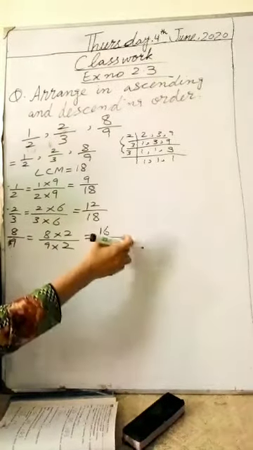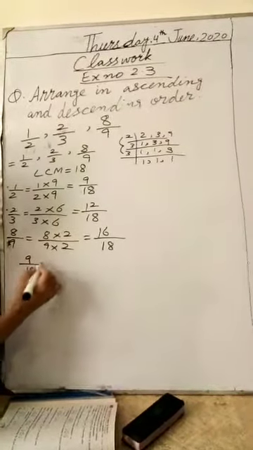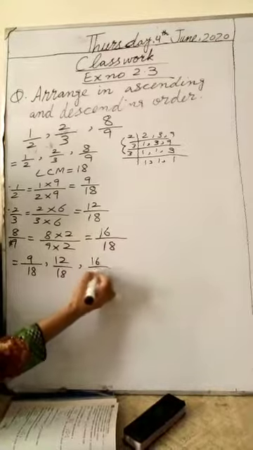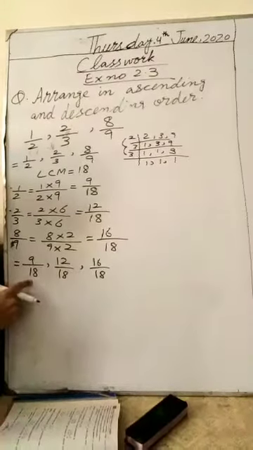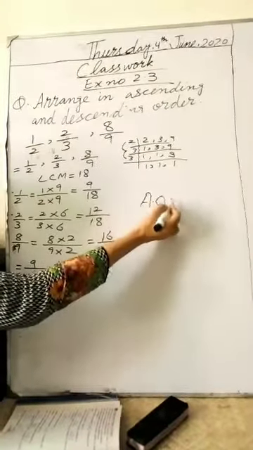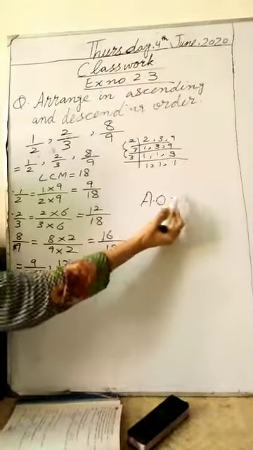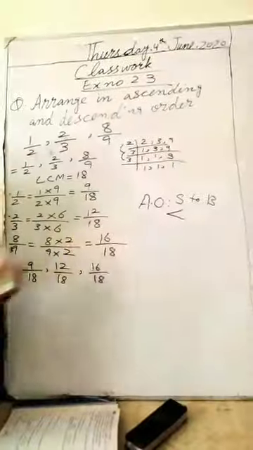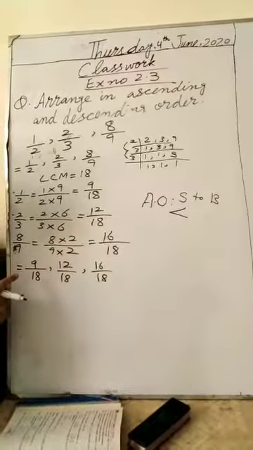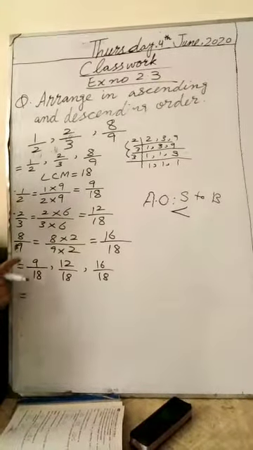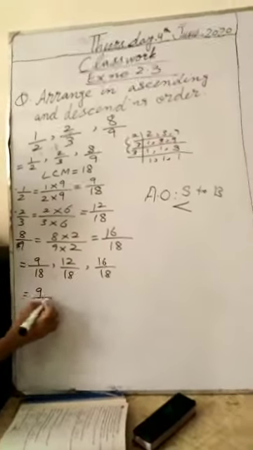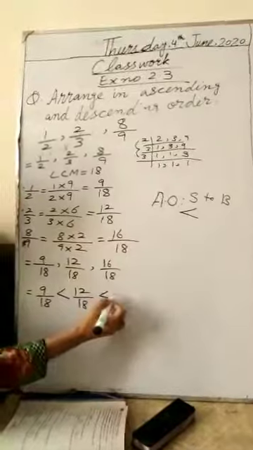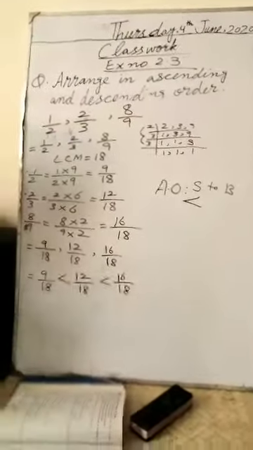Take all your new values: 9 over 18, comma, 12 over 18, comma, 16 over 18. If the question is to arrange in ascending order, it means go from small to big with the less than sign. First write the smaller value: 9 over 18 less than 12 over 18 less than 16 over 18.